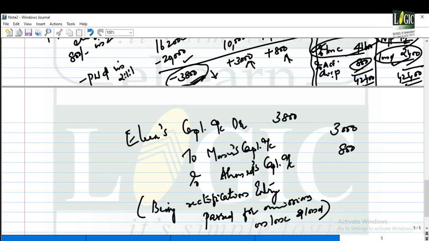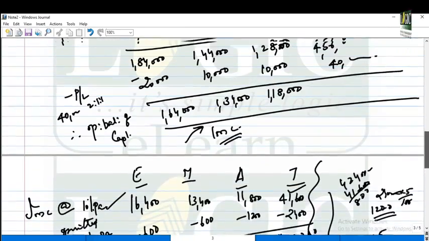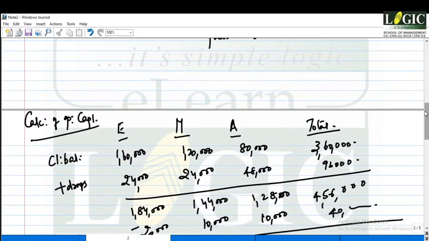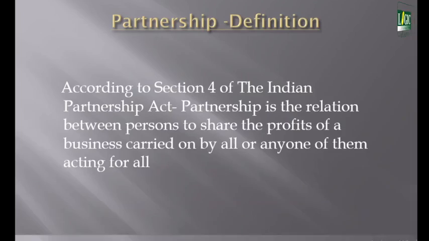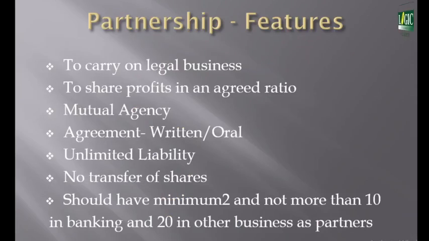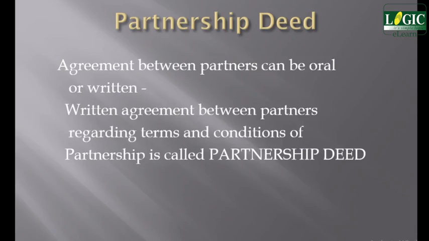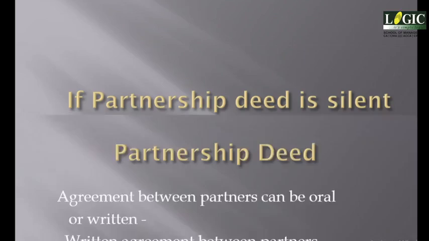So to put it in a nutshell, what all things you should learn, we will go through the PowerPoint once again and see. Before ending the first lesson on basics of partnership, we should see what all things we learned. We should brush up our memories. We started with the basics of partnership, definition of partnership, features of partnership, what is partnership deed, how to deal with it if the partnership deed is silent.